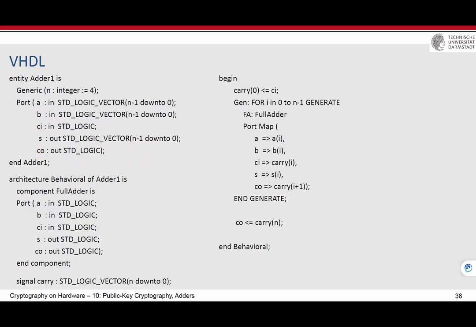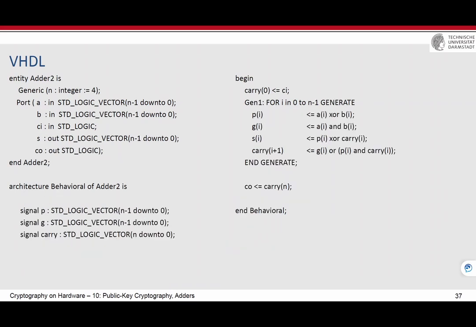Then you want to write an adder with n bits. Here, generic means that it is parametric, so you can set n to anything and it should work correctly. You just instantiate the full adder n times, and you tie the carry out of the previous module to the carry in of the next module, and so on. Then you generate the sum and also the carry out. Super simple.